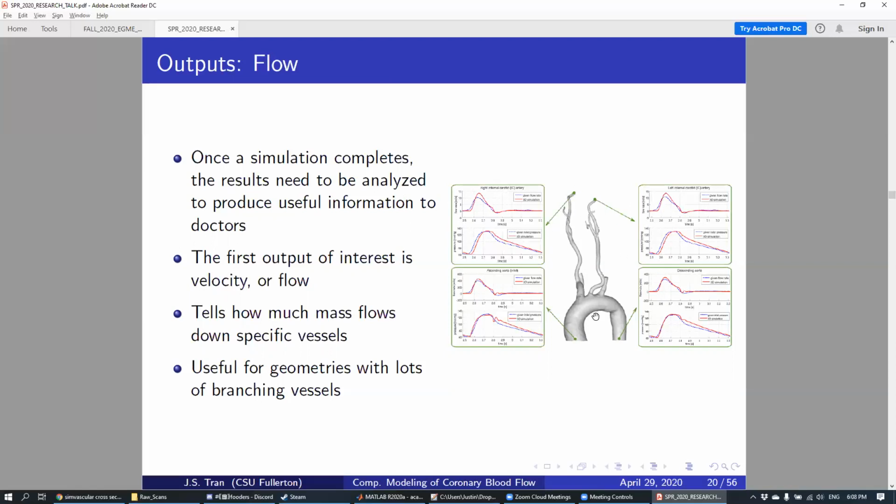So it's often useful for doctors to ask what percentage of your blood flow is going to your head and your arms relative to your legs and your torso. So flow is often one of the first things that is useful, especially for geometries with lots of different branches.